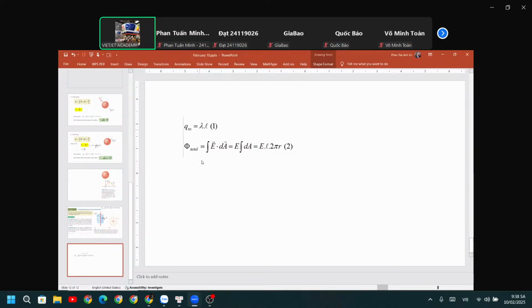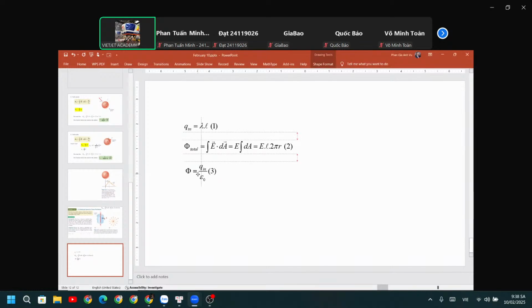Then for Gauss's law, you have flux is equal to Q in over epsilon 0, equation number 3.